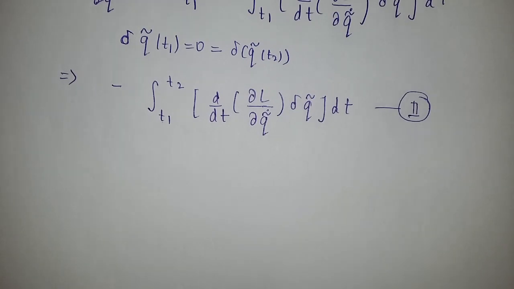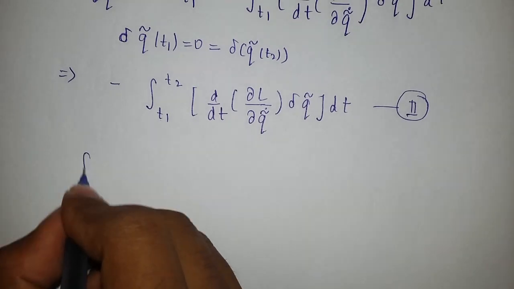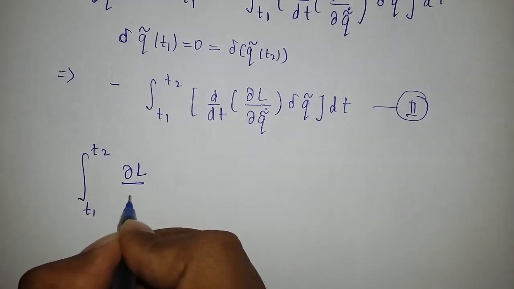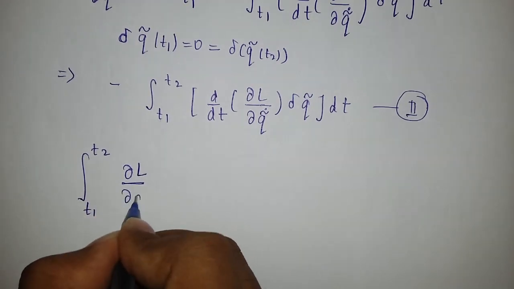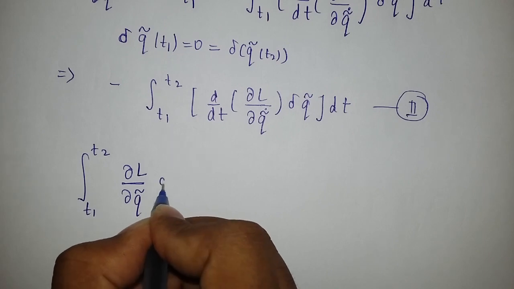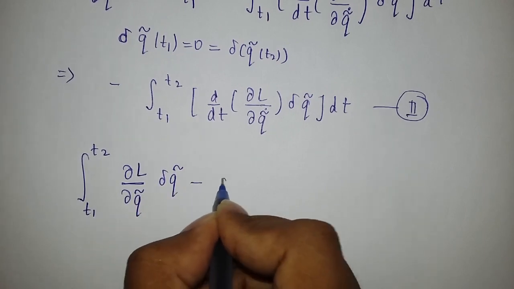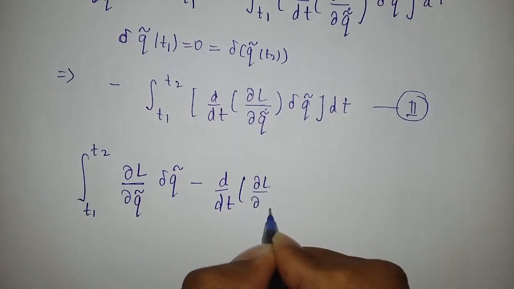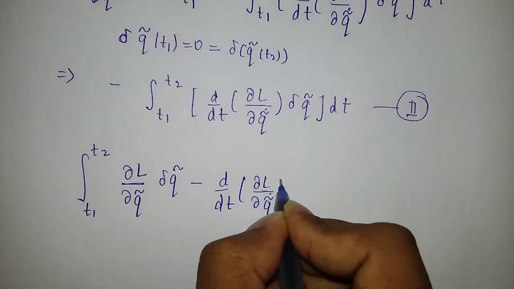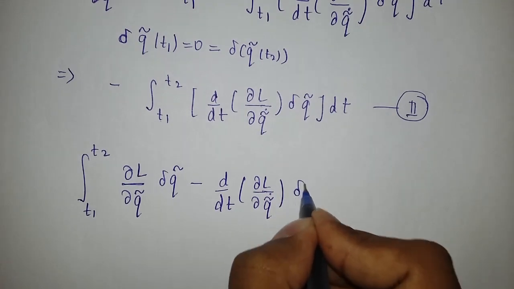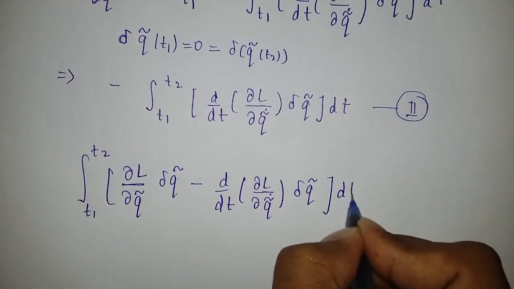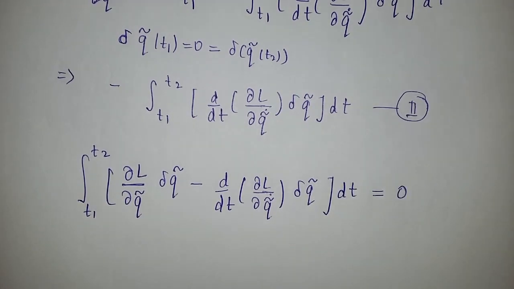Now we will plug the value of this term back into our original equality. So we'll have the integral from t1 to t2 of dou L upon dou q tilde delta q tilde minus d by dt of dou L upon dou q tilde dot times delta q tilde, and this is 0.